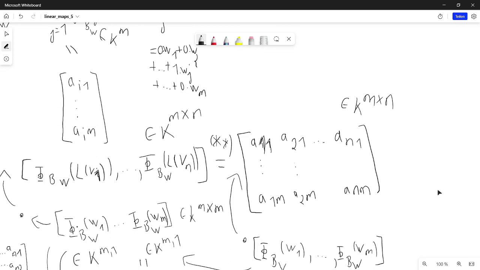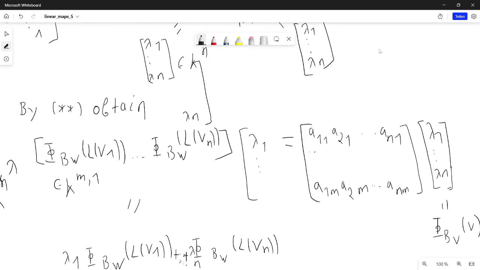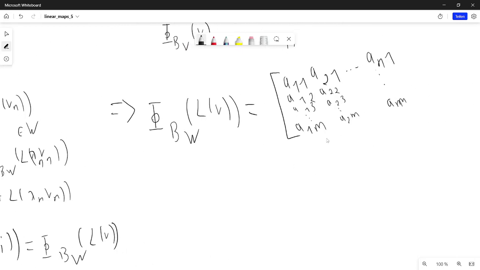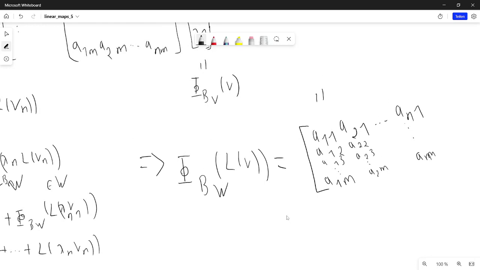That's exactly this representation. What we write into this column is nothing else but simply, and we write it as a column here, right? We write just the coordinates of that with respect to the target basis, so to speak.